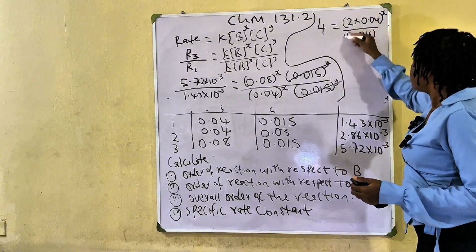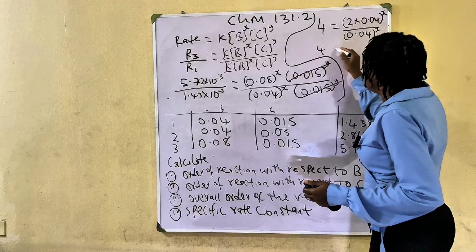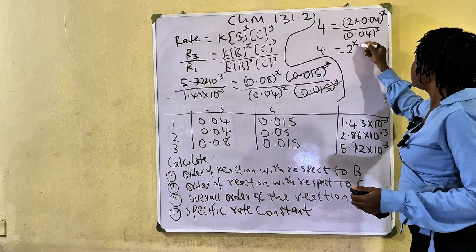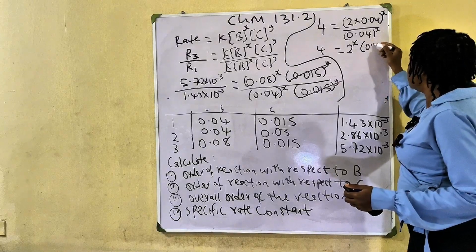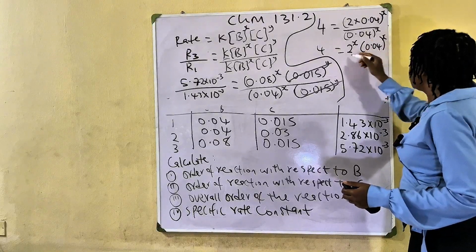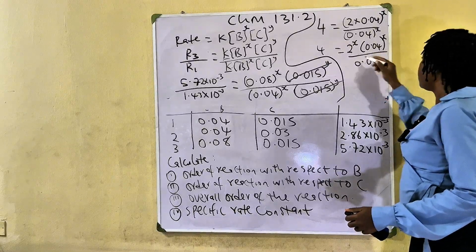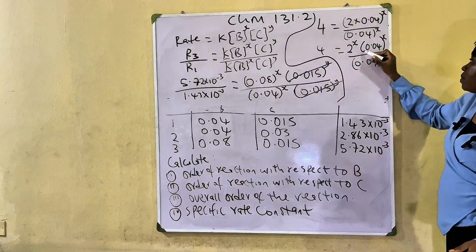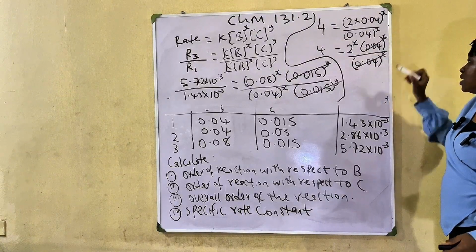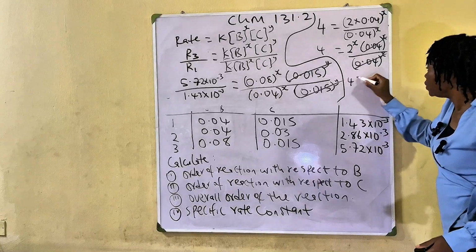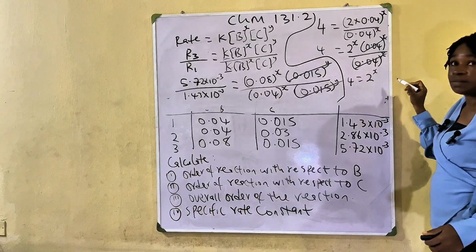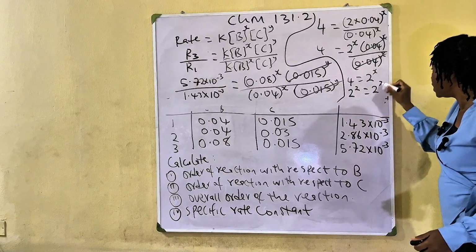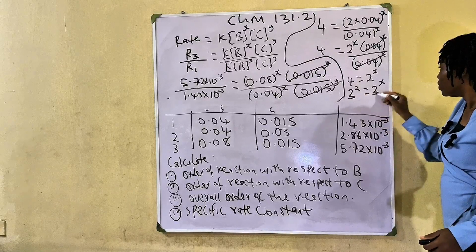So 4 is equal to 2 raised to the power x times 0.04 raised to the power x, all over 0.04 raised to the power x. Since these two are the same, they cancel out. At the end, I'm having 4 is equal to 2 raised to the power x. Of course, 4 is 2 raised to the power 2, so 2 raised to the power 2 is equal to 2 raised to the power x.